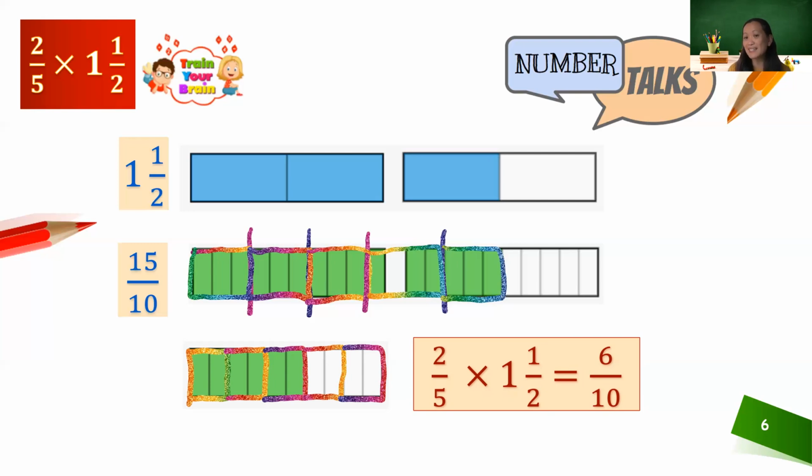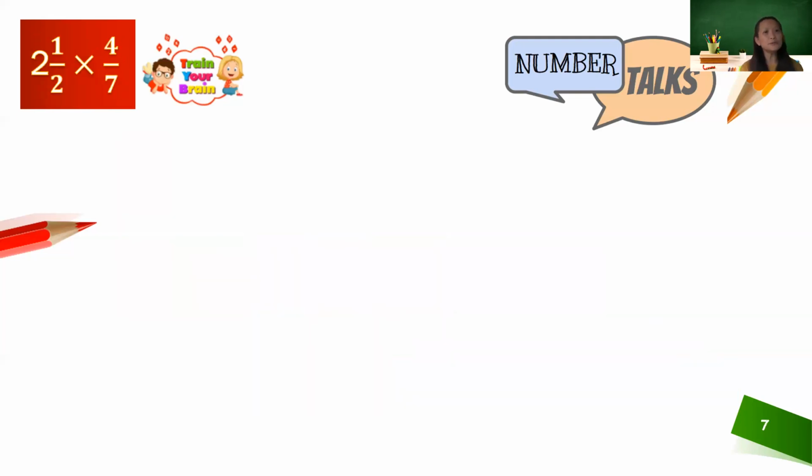So I would say 6 out of 10 is the same as 3 out of 5. And that is what we call a reduced fraction. That's in its simplest form. Ooh, that gets complicated, but no worries.